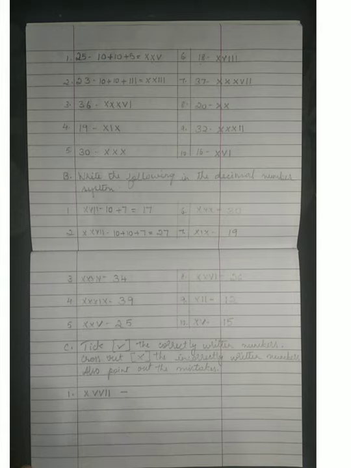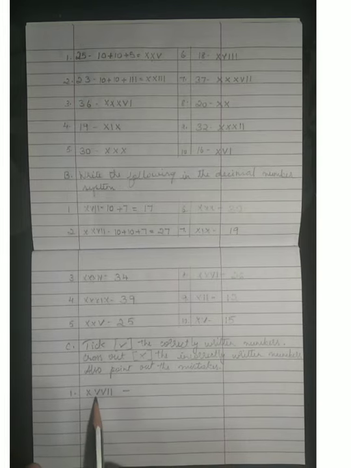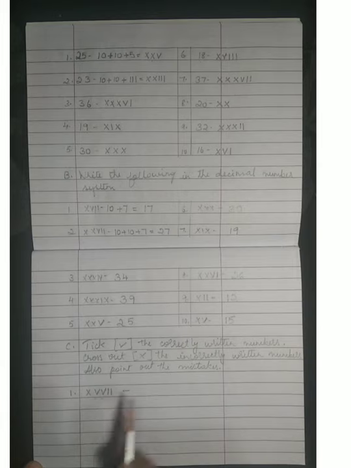XVV. As per our rules, the V cannot be repeated twice. Here it is repeated twice. So there is no Roman number like this. So it is wrong.